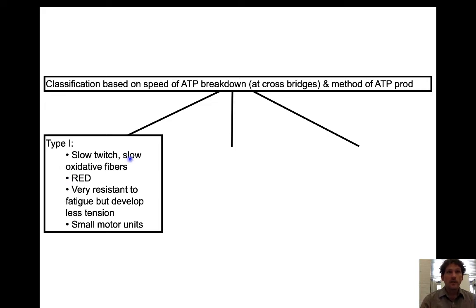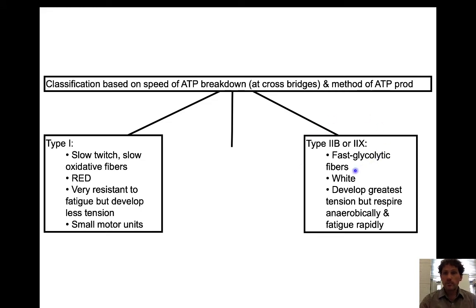And so these fibers tend to be red in color, and they are very resistant to fatigue, not permanently resistant, but not as much tension is developed. So they're less strong, if you will. And these tend to have smaller motor units, okay?